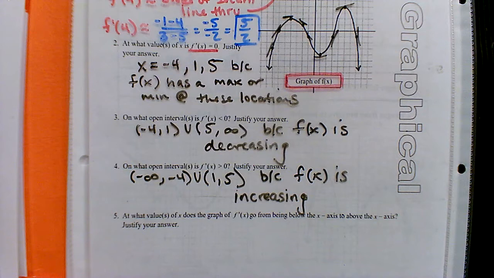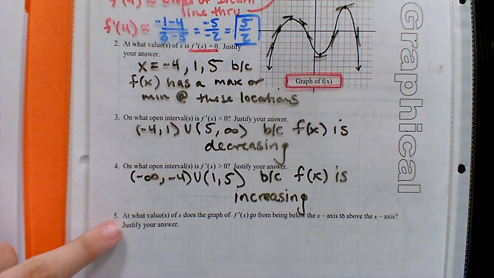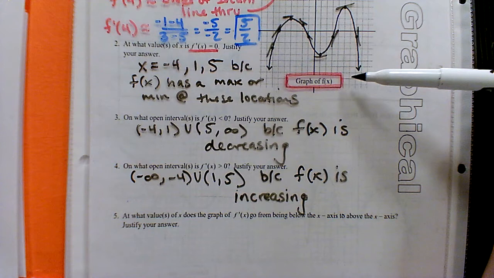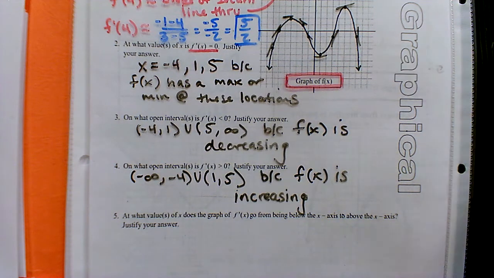All right. Number 5. At what values of x does the graph of the derivative go from being below the x-axis to above the x-axis? Oh boy. Okay. So they're asking us at which values does the graph of the derivative, okay? This is not based off the information at the top, right? Because this is the graph of the original. So they're being a little tricky here.